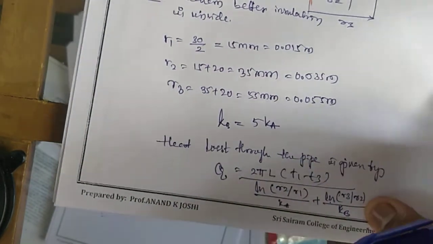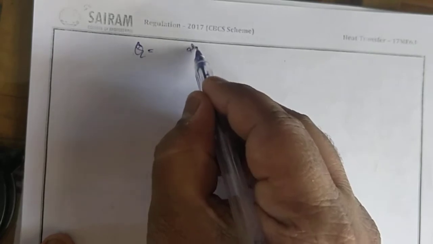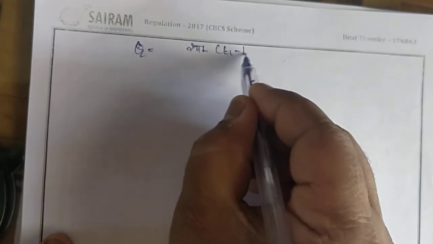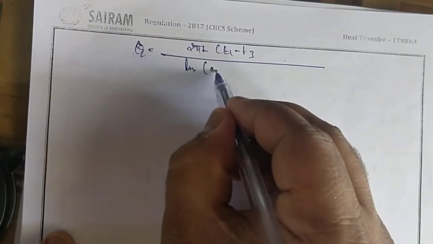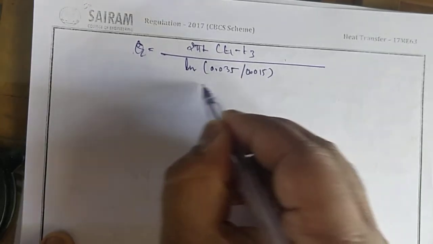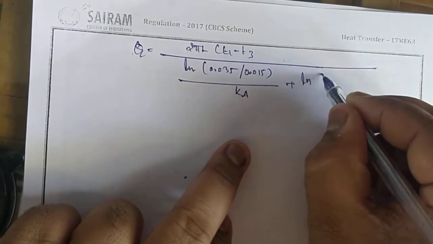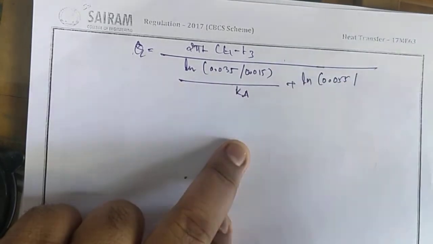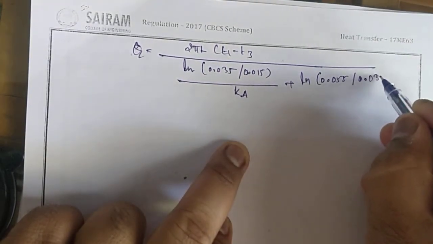Q is equal to 2 pi L (T1 minus T3) whole divided by [ln of 0.035 divided by 0.015 divided by Ka, plus ln of 0.055 divided by 0.035 divided by Kb].